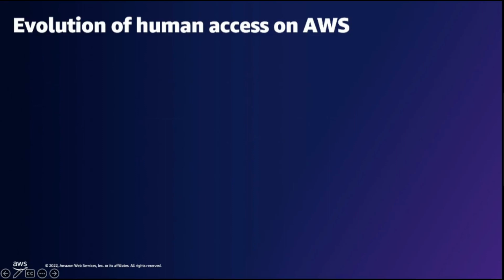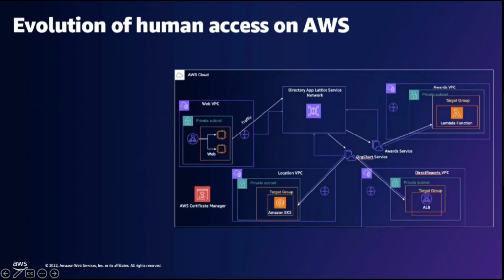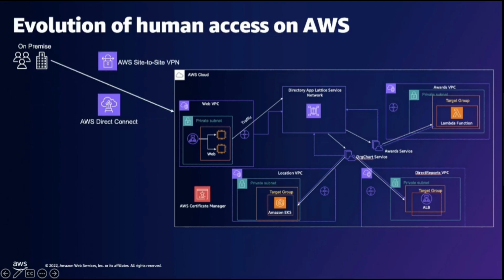So let's have a look at how traditionally this application will be accessed. I use the word traditionally loosely because this is a pattern that is still widely used today by many organizations. You have your employee directory application sitting on AWS, and if you need to access that application, generally you'll be sitting in the office, and you connect to AWS using VPN or Direct Connect.